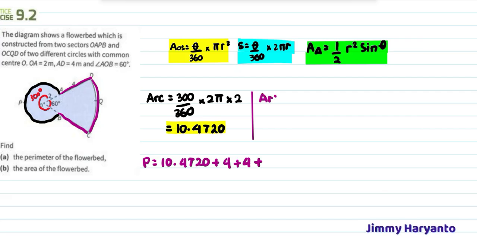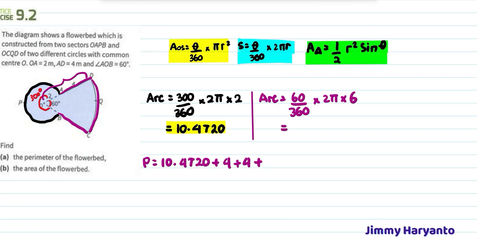So the second arc will be theta, which is 60 over 360, times 2 pi times the radius. The radius for this one will be 6. So the answer is 6.2832, plus 6.2832, and we will have the perimeter.